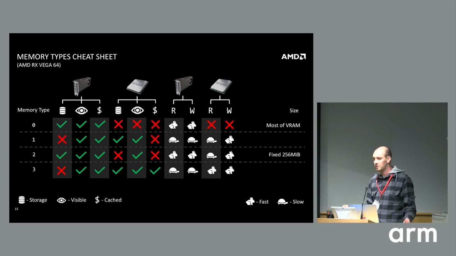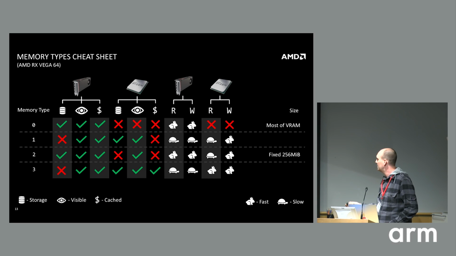It's in VRAM, that's good. It lives in the cache hierarchies of the chip, so it's going to go in the L2, the L1, etc., all the various caches on our GPUs. And because it's got a tick in the VRAM storage column, it must therefore have a cross in the host memory, because the memory isn't going to be in 2 places at once. So that's why that's got a cross.